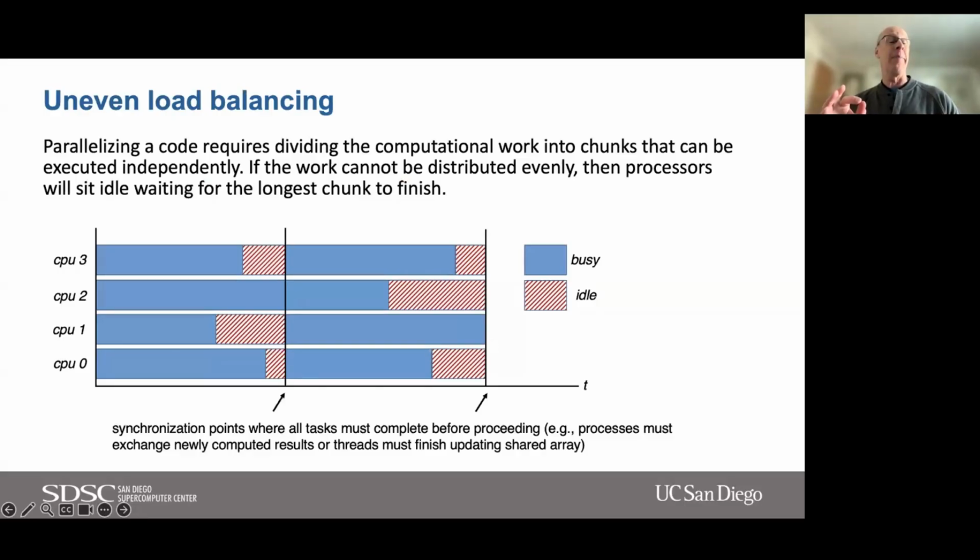Another limitation is going to be something that we call uneven load balancing. Parallelizing a code requires dividing the computational work into chunks that can be executed independently. Now, if the work can't be distributed evenly, then processes are going to be sitting idle, waiting for the longest chunk to finish. This isn't going to apply to all applications.